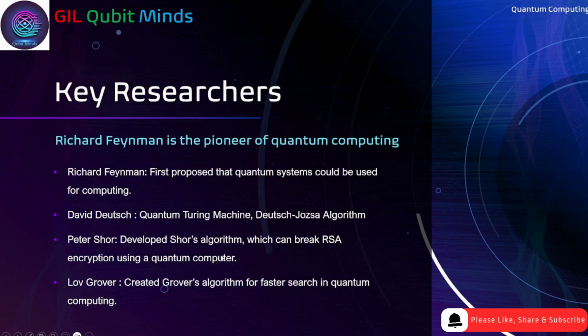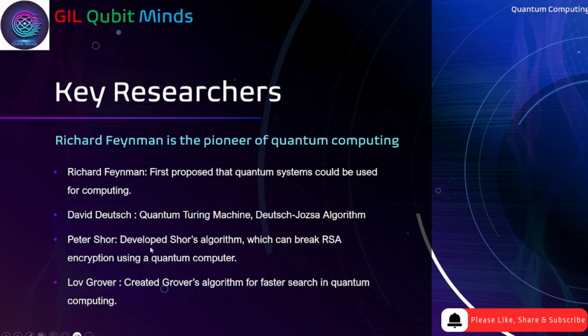Well, now we know that lots of research is going on, but in 1982 Richard Feynman was the pioneer of quantum computing. He first proposed that a quantum system could be used for computing. Then David Deutsch also did lots of work in this area and invented algorithms, the Deutsch algorithm.